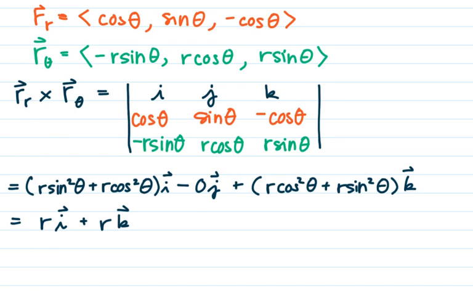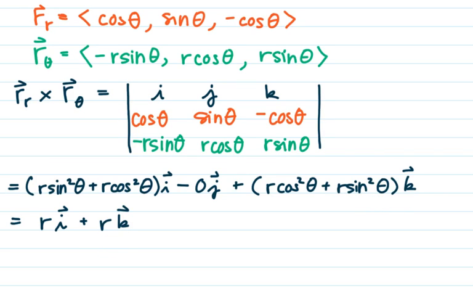For the j term, my two products are both r cosine theta sine theta, and when we are subtracting them, they cancel, so we have 0 j, and then we've got r cosine squared plus r sine squared theta k, which is just r k.